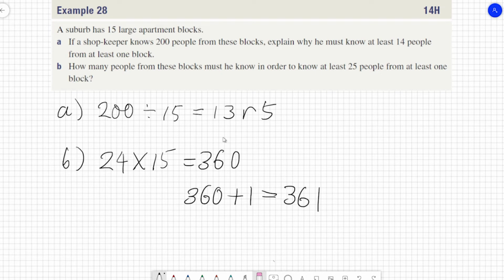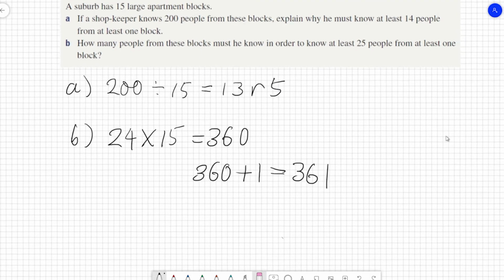So of course, if we have a number less than 360, there's a chance that 25 of them will come from the same block, but that's not a guarantee, because the worst case scenario is if you know 360 people, 24 from each of the 15 blocks. So you don't meet this condition. You have to add one extra person to guarantee that the condition of at least 25 people from at least one block is met.